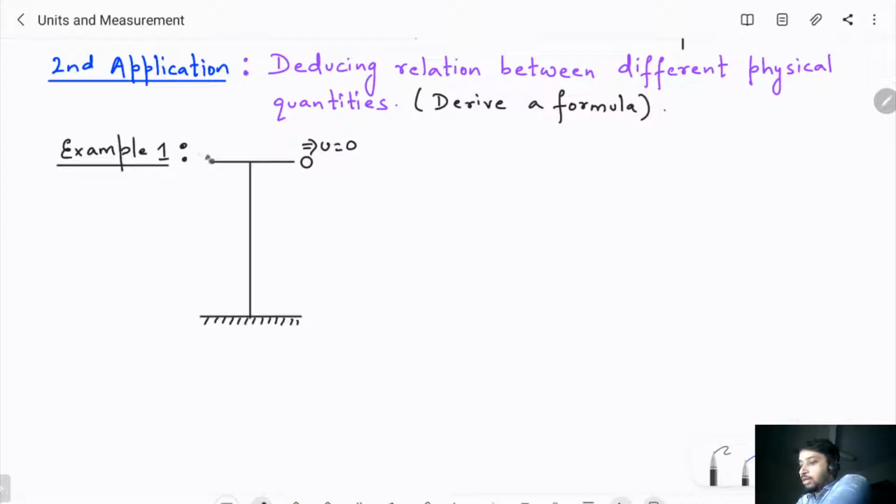And suppose the height of the tower or the building is h. Here we need to derive an expression for the time taken by this ball to reach the ground.